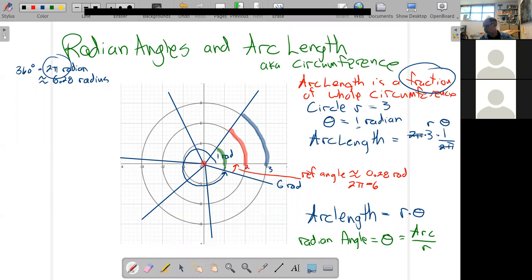If we're on the unit circle, the radius is 1. Dividing by 1 is pretty lame. Nothing happens, right? So the arc length is the radian angle. Otherwise, it's related to the radius. So this is a super important formula that will come up again and again. Radians and arc length relationship is very important.